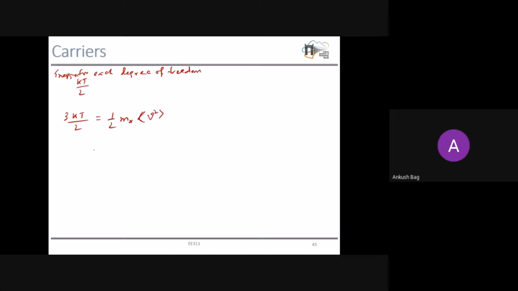Now what do you think the speed of an electron in a semiconductor at room temperature is, very high or very low? If you just use this equation, you can easily quantify it. So let us try to do that.